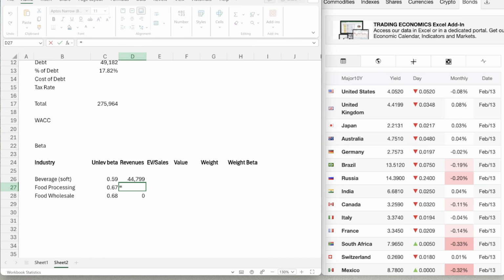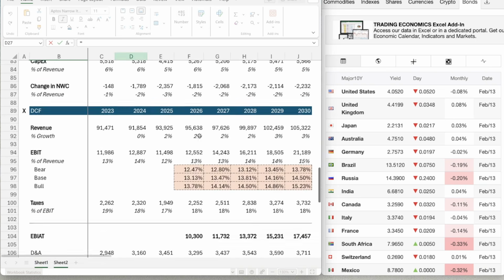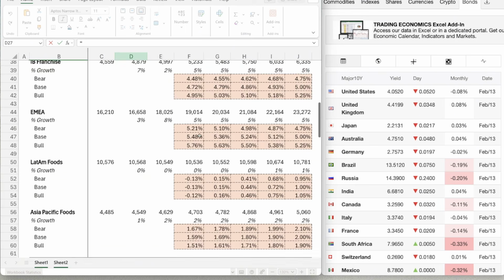So food processing we'll just put as the bottling.